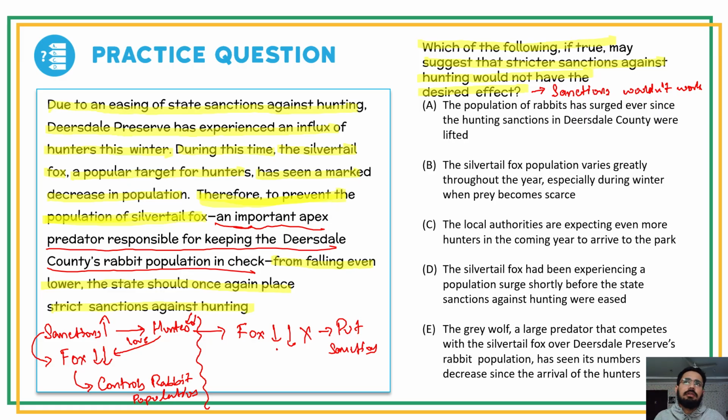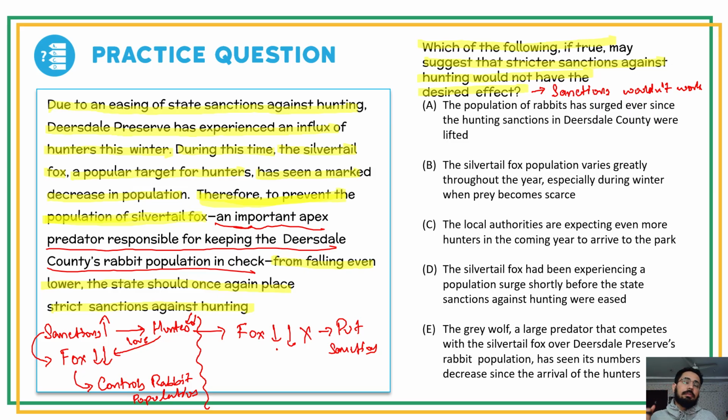Let's say I am a ranger in the preserve and I go to an officer in the government and request that you should be vouching for the sanctions to be put back on because you guys allowed hunters and the fox population is going down. What reply could that person give me which would imply that putting back sanctions wouldn't work?